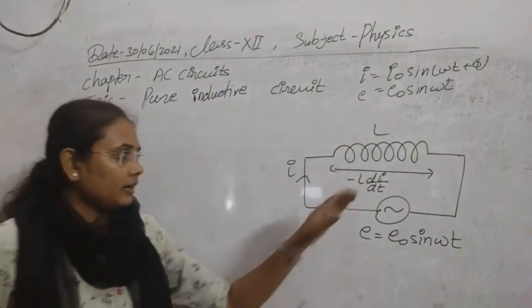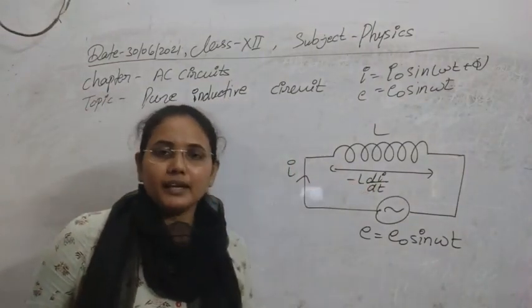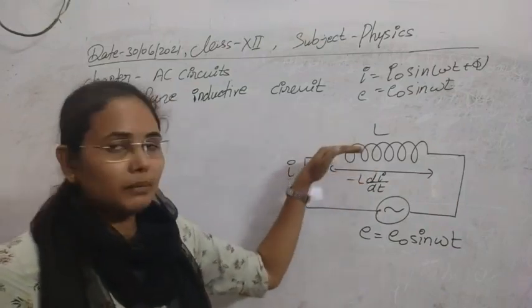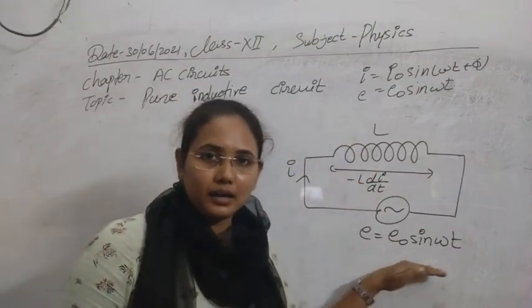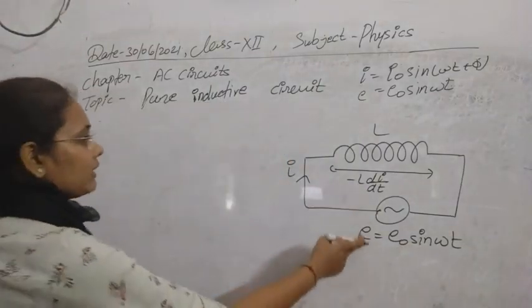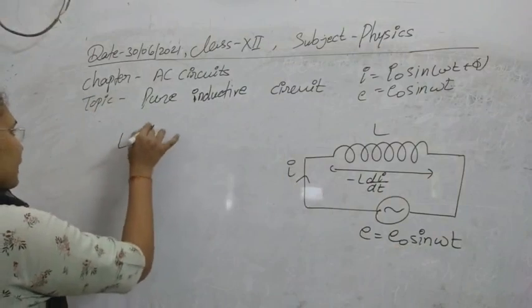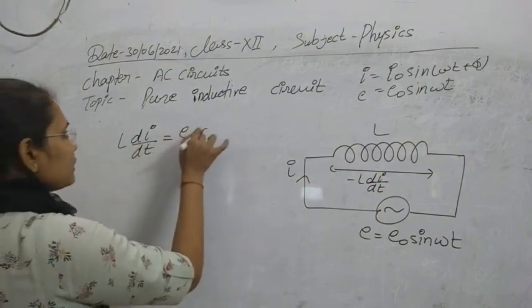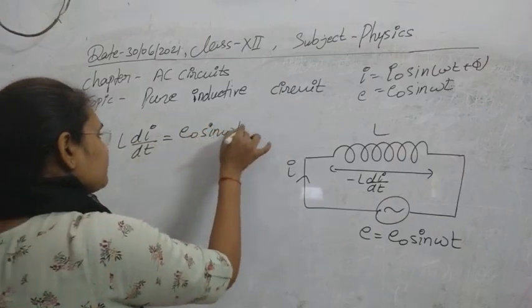Now in the balanced condition, this induced EMF will be balanced by the source of alternating EMF. So for the equilibrium condition we are going to utilize this. L di by dt will be equal to E0 sine omega t.